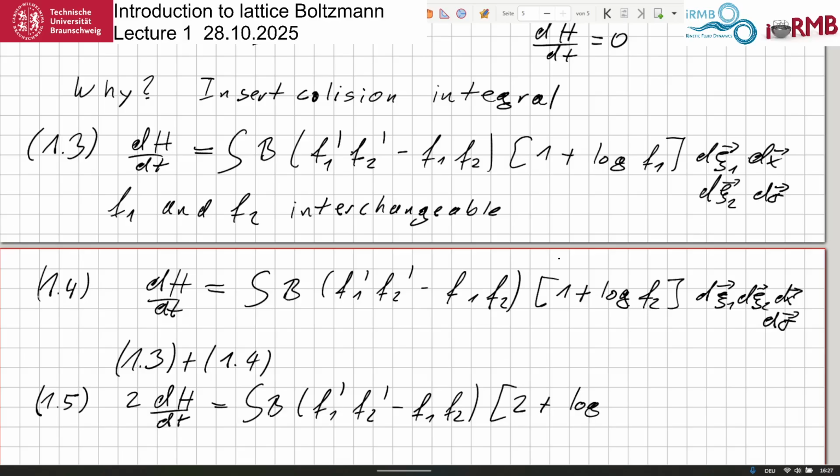So we add the logarithm of f1 and the logarithm of f2, and you notice that we always integrate over everything. So now all of you see that we can write this as the logarithm of f1 times f2, right? Because the sum of the logarithms is the logarithm of the product. Okay, and then this is dx1, dx2, dx, and the sigma.